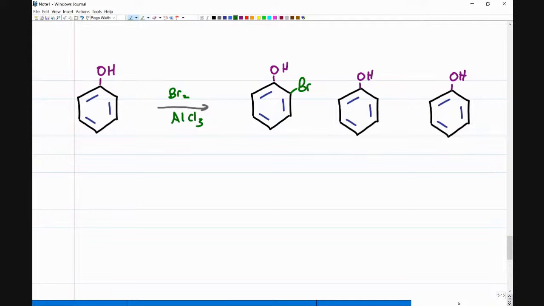If I put them next to each other, there's no carbon in between. This is called the ortho position. If I put the bromine one over so that there is a carbon in between the two substituents, this is called the meta position. And if I put it opposite at the other end of the molecule so that there are 2 spaces between them, this is called the para position.